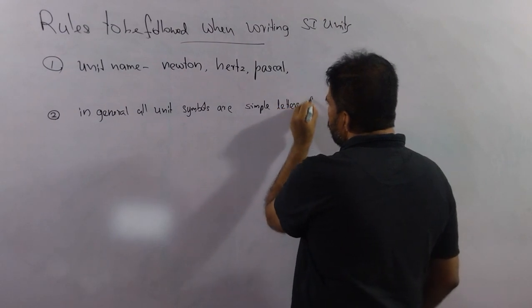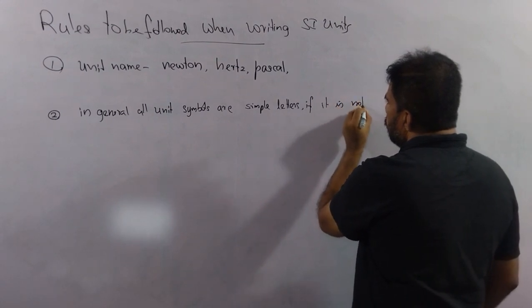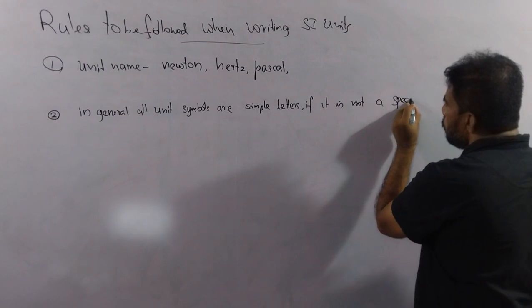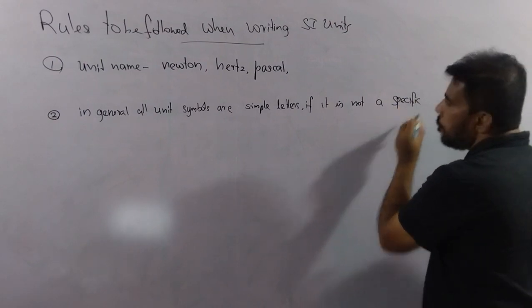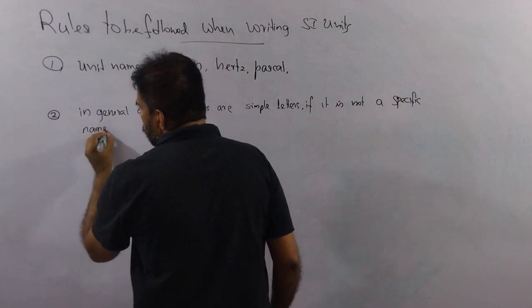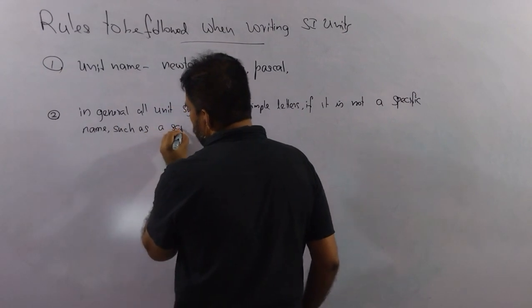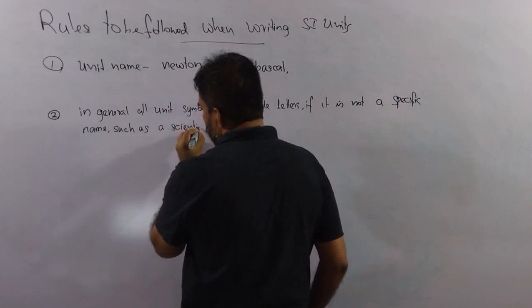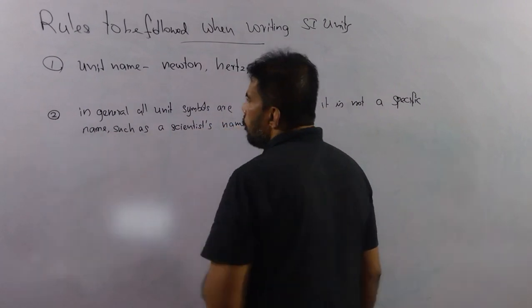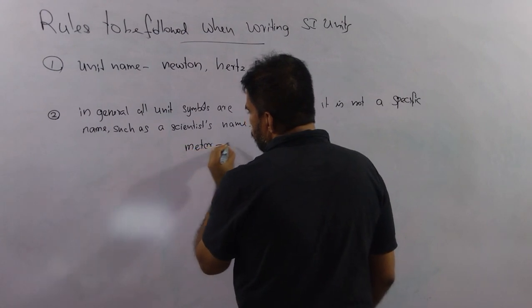If it is not a specific name, such as a scientist's name. For example, meter, the symbol is m.